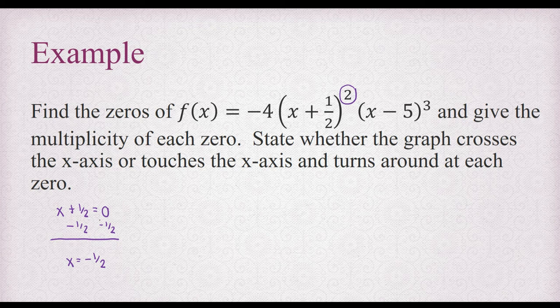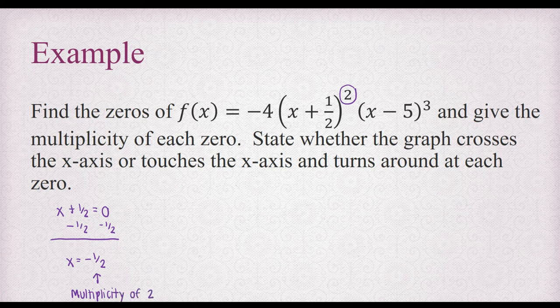So I was really having to set that equation equal to 0 2 different times, but it results in the same answer. So this actually then tells me that I have a multiplicity of 2.